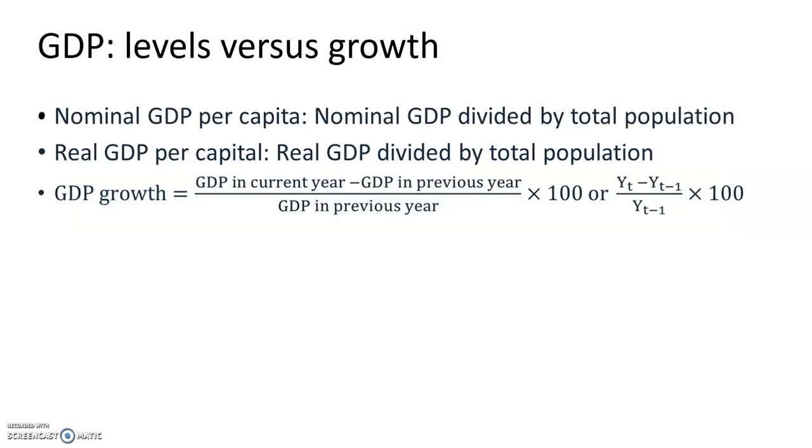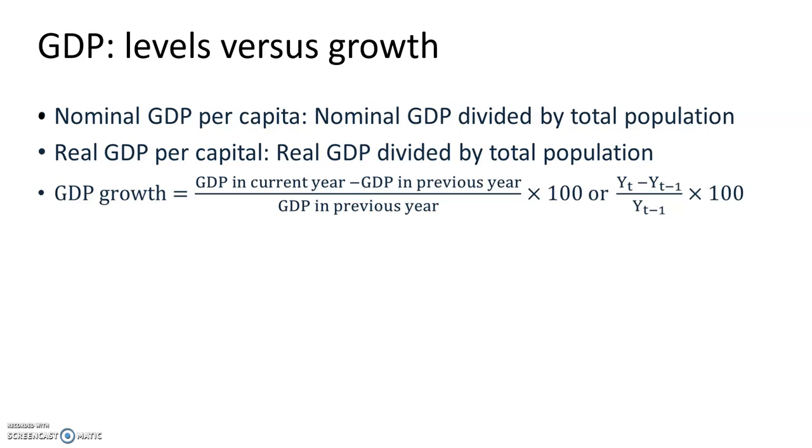GDP levels versus growth. Nominal GDP per capita, and per capita means per head, is nominal GDP divided by the total population, and real GDP per capita is real GDP divided by the total population.